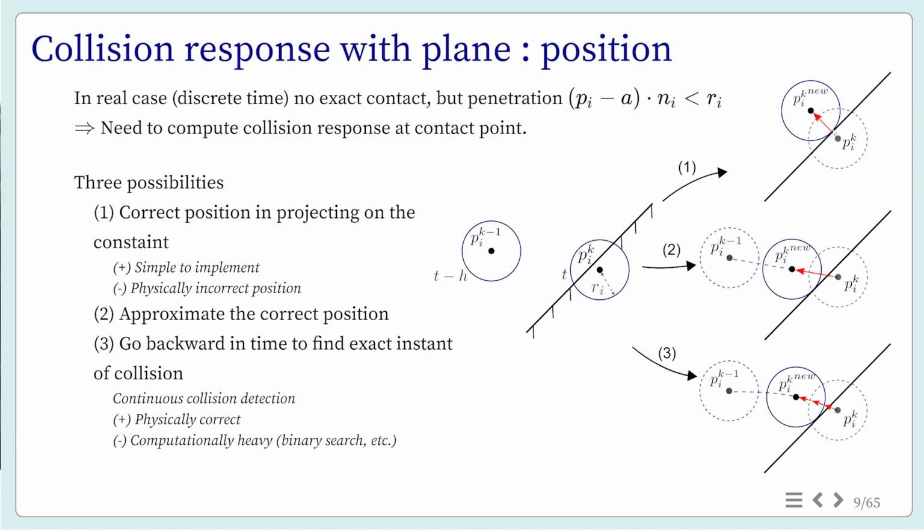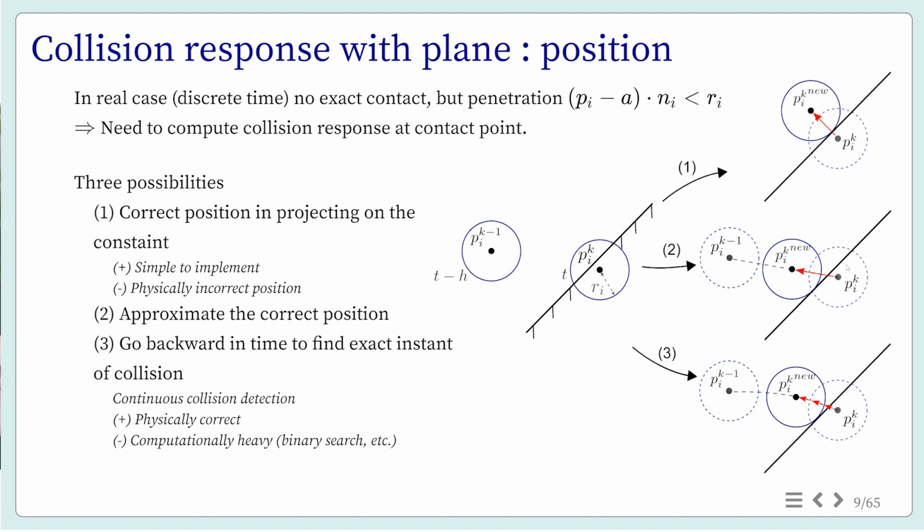This is very simple to implement, but it's not very accurate with respect to the physics of the phenomenon, because I'm modeling some kind of translation of the sphere at a given time step.